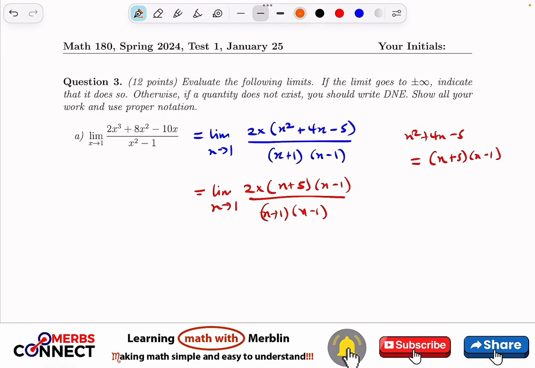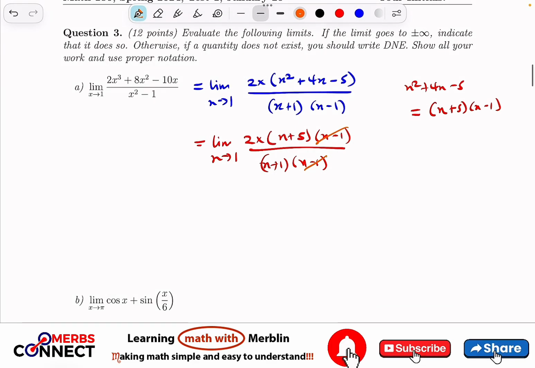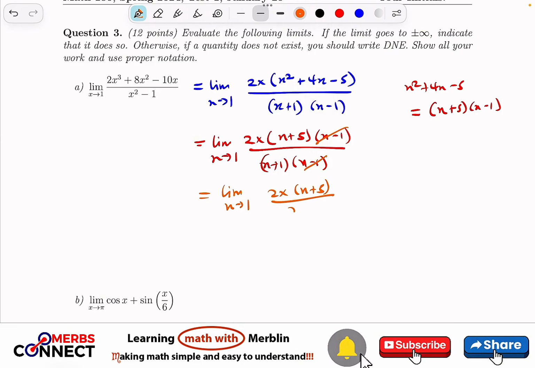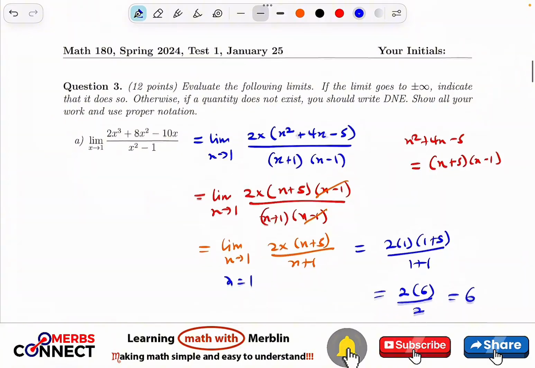When I do that, this is going to cancel this, and I'm going to have the limit as x approaches 1 of 2x, x plus 5 divided by x plus 1. And now that I have cancelled some terms out, I'll try direct substitution by setting x equal to 1, and this is 2 times 1, 1 plus 5 divided by 1 plus 1, and this is 2 times 6 divided by 2, and this is going to give us 6 right there. So that's what we are going to get for question 3a.